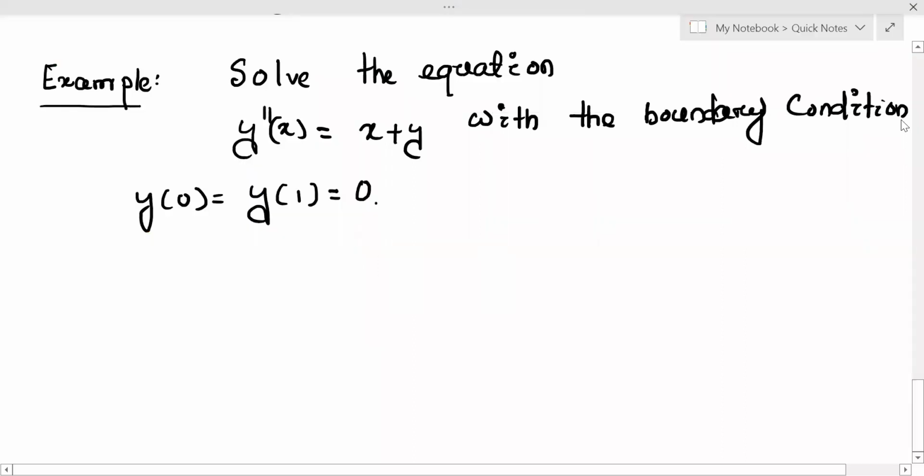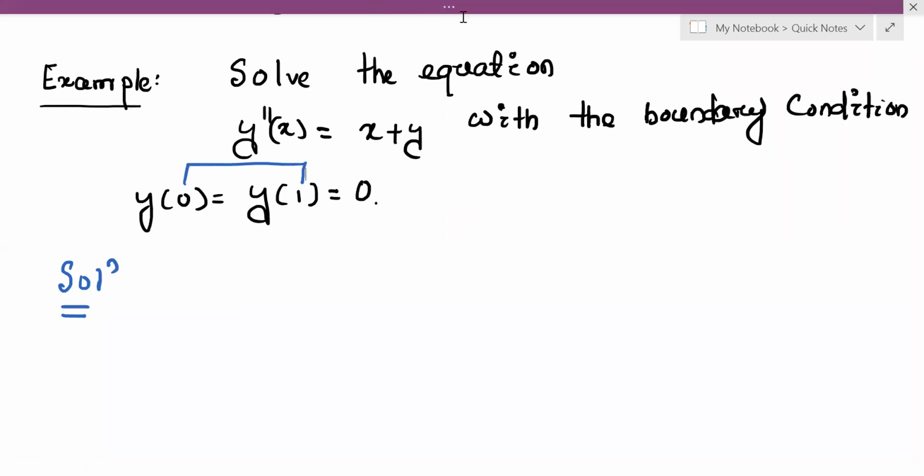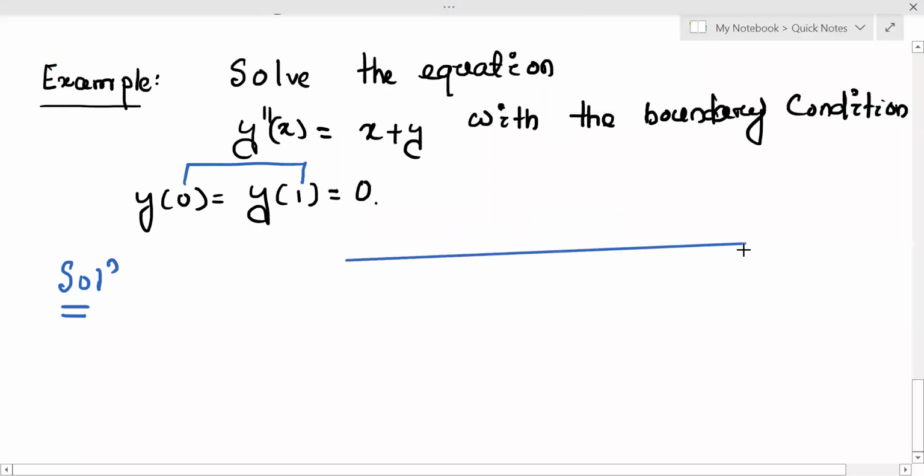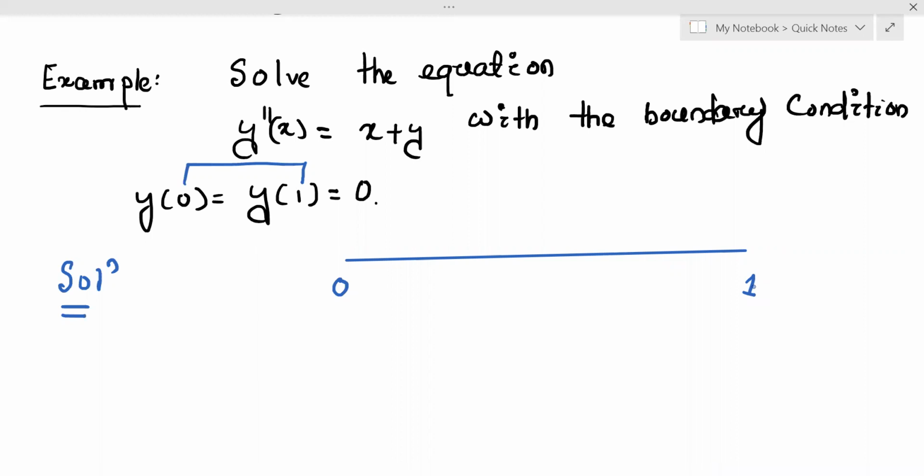With the interval given here, we subdivide the interval 0 to 1, because the boundary conditions are 0 and 1. x0, x1, x2 up to x4, we can define up to 4 intervals.